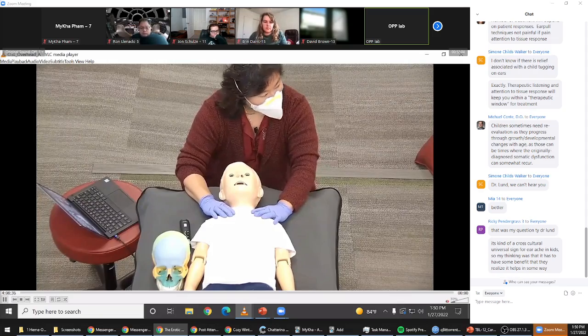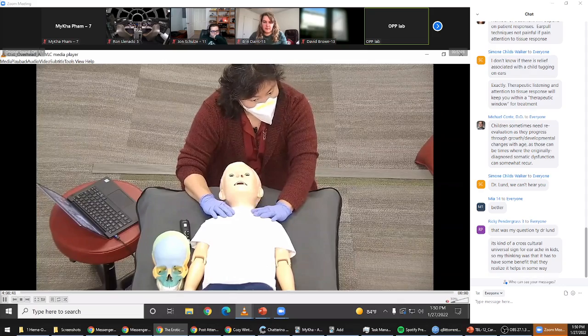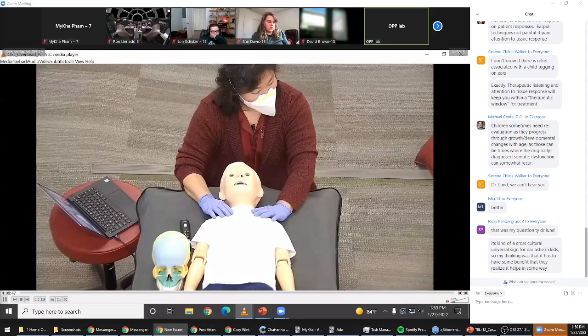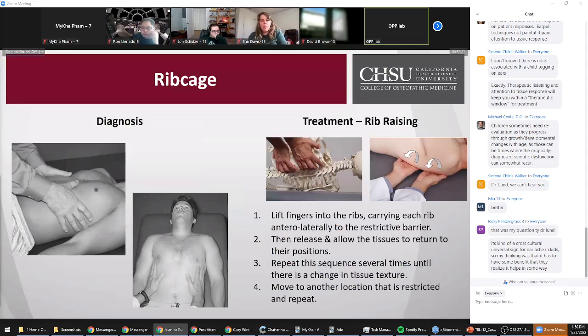So diagnosis, rib diagnosis, and then treatment. The treatment that we're showing in the lab is primarily rib raising, but you could do any of the other techniques too. Rib raising is easy in the child. It doesn't require them to be directional in any part.